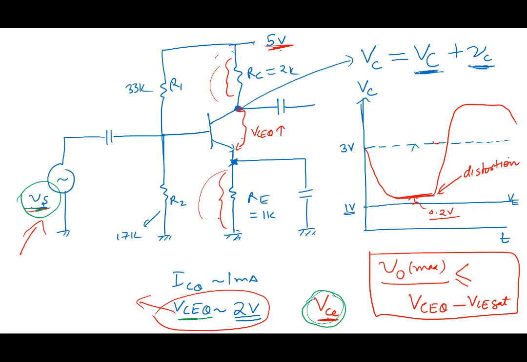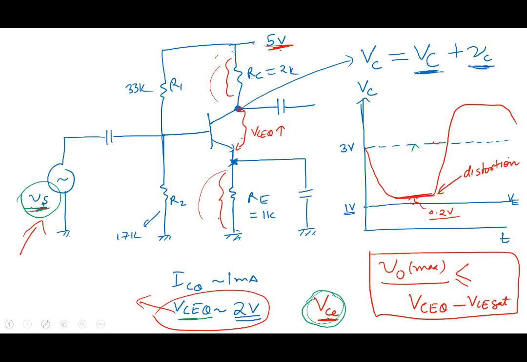If you reduce the drop here, what happens? Remember, what is the gain? Gain AV is equal to minus gm RC by VT, and if I write the value of gm, it is minus IC RC by VT. Who decides the gain of the amplifier? It is this drop. Do you see ICRC?